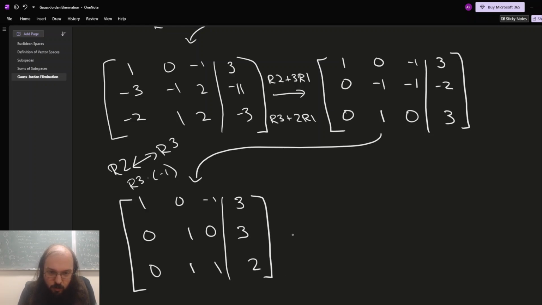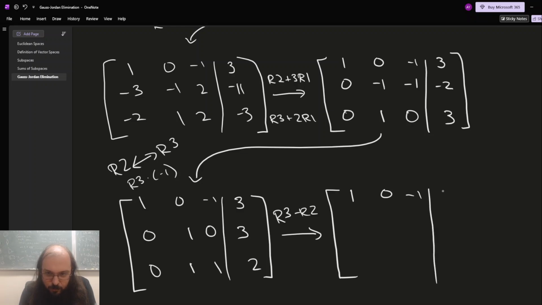Okay, and we're almost done. Next step is I have to do row 3 minus row 2 because of that leading 1. This row stays the same. This row stays the same. This row becomes 0, 0, 1. And then this is -1.